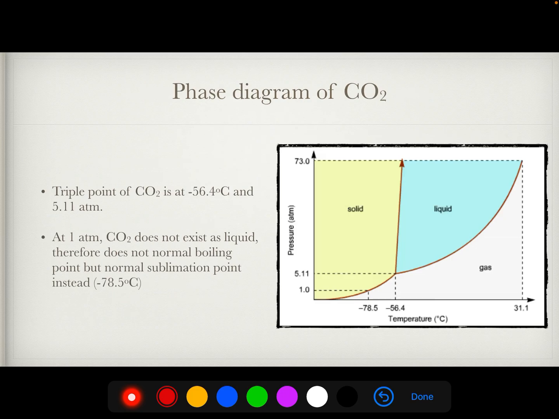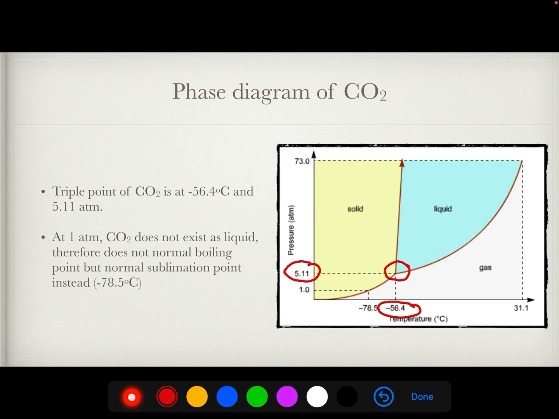If you look at its shape, it looks similar to the one that I have shown earlier, where it has three regions, solid, liquid and gas, and three lines and curves separating these regions. In detail, the triple point of CO2 happens at temperature minus 56.4 degrees C and 5.11 atm pressure, which means that at this temperature and pressure, carbon dioxide coexists as solid, liquid and gas.